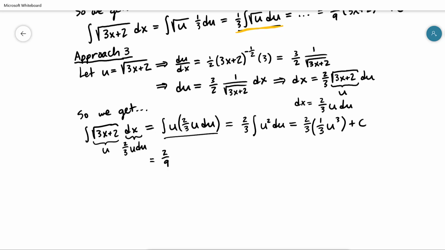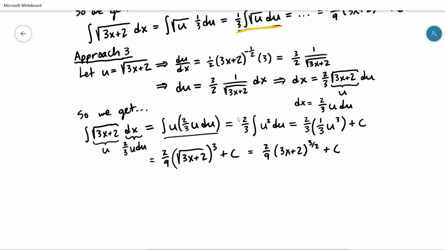And our u cubed in this case is going to be the square root of 3x plus 2 whole thing cubed plus c. And if I rewrite this as a fractional exponent, I can rewrite that as 2/9. We're cubing it, we're also halving it, so that total power is going to be 3/2. So this is going to be 3x plus 2 to the 3/2 power plus c.